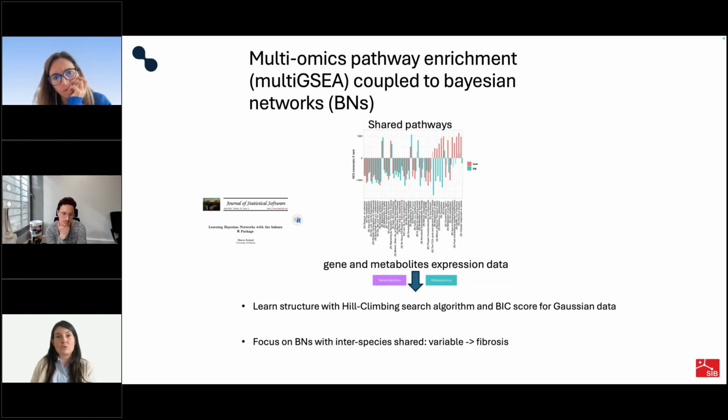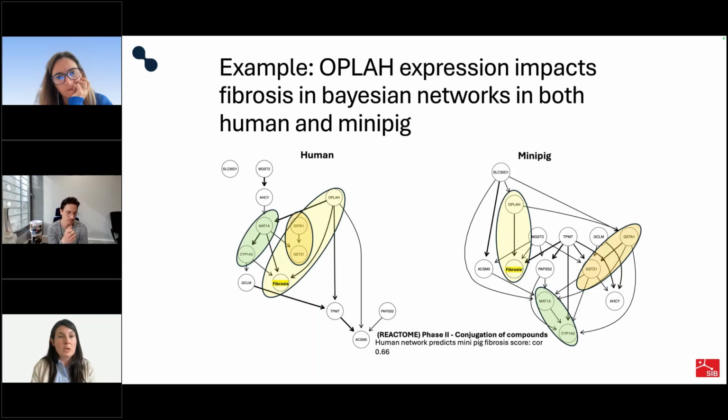And here I'm showing only an example of components that were shared within the phase 2 conjugation of compounds pathway. These components were shared between human and mini pig, including the causal relationship between OPLA and fibrosis in yellow. We can see that it is detected in both Bayesian networks of human and mini pig. We see also, in green and orange, other relationships between genes that are conserved between species.